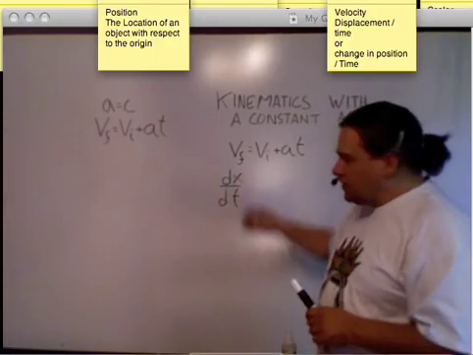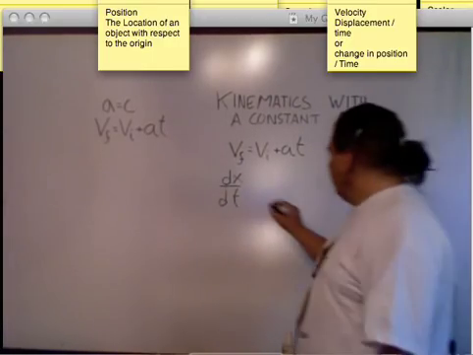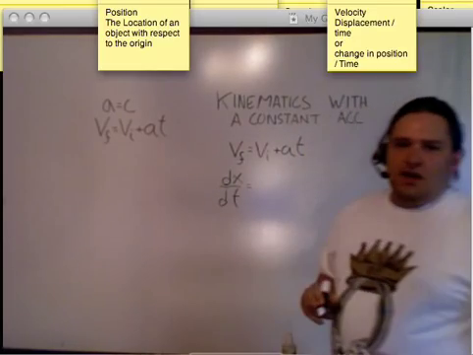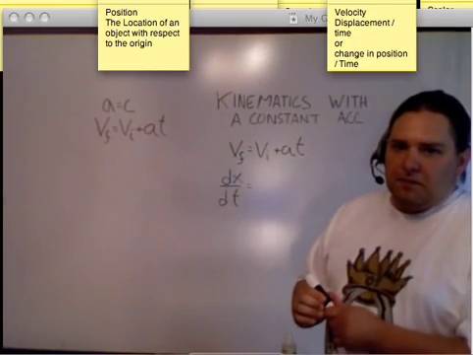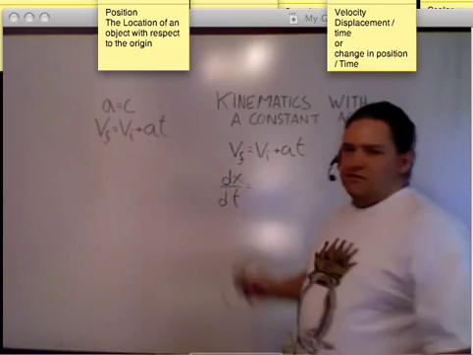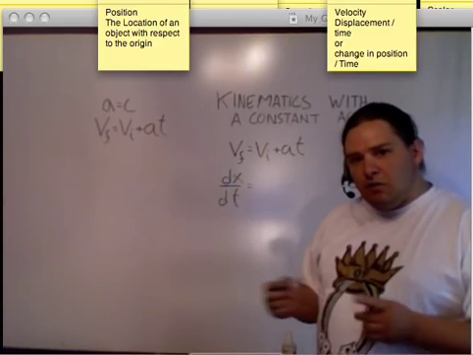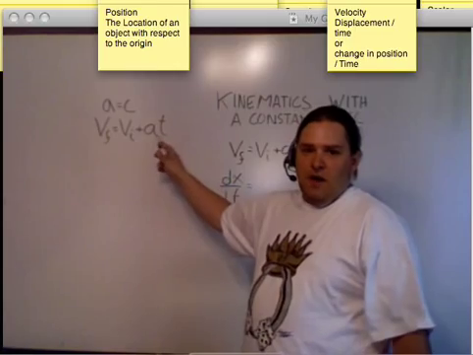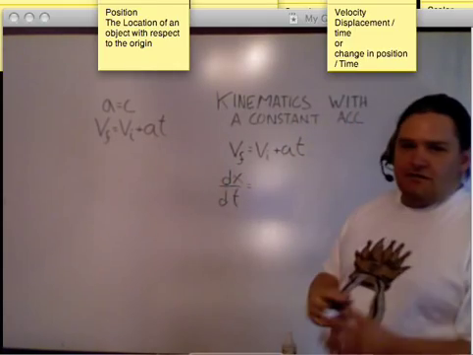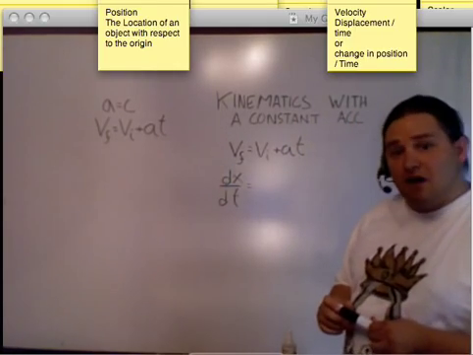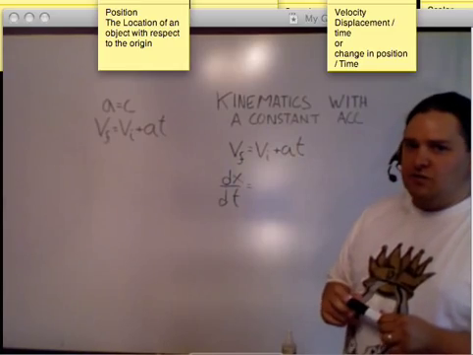So anyway, dx dt is equal to v initial. Now, here's the thing that throws a lot of people off. Everybody really quickly wants to put dx dt there. It's not. It's initial velocity. When I did this equation, and you can go back and check, this vi, this initial velocity, is a constant. It doesn't change with respect to time.